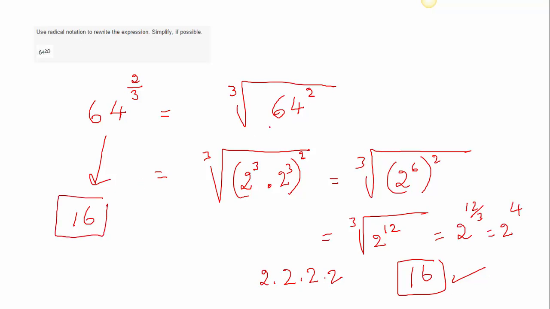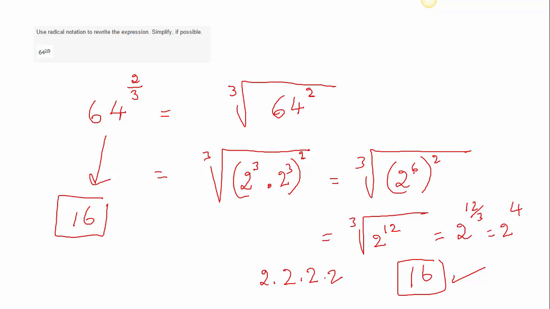Again, we started by changing the rational exponent notation to a radical notation. 64 to the power 2 over 3. We go back here. But 64 is 8 times 8. 8 is 2 to the power 3 times 2 to the power 3. 8 times 8, 64. Haven't changed anything. Multiplying exponent notation, we add the exponents. 3 plus 3 is 6.